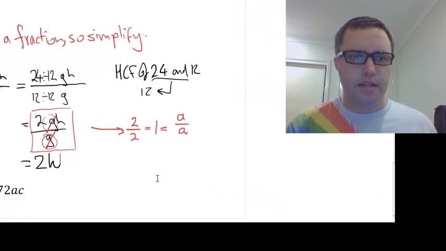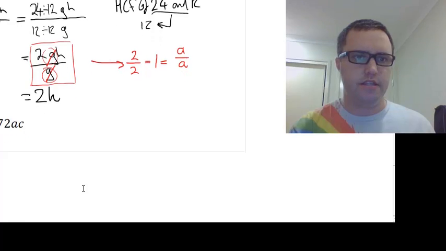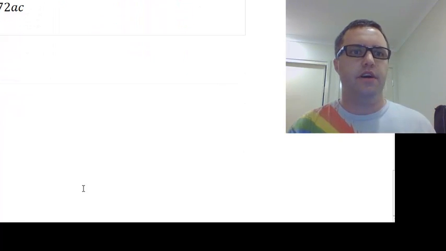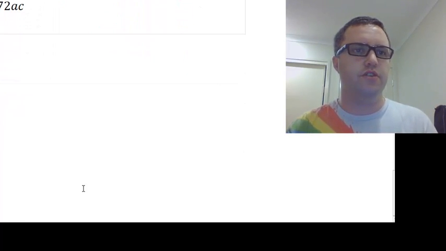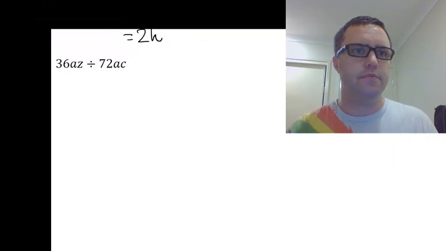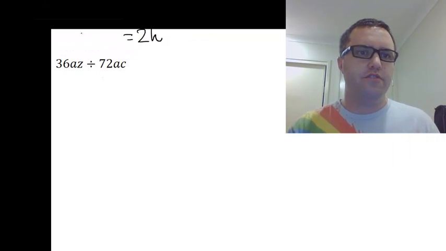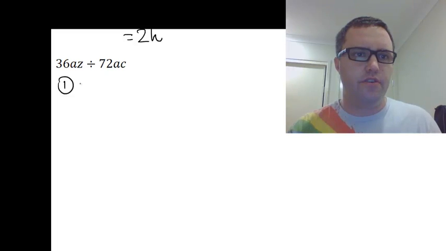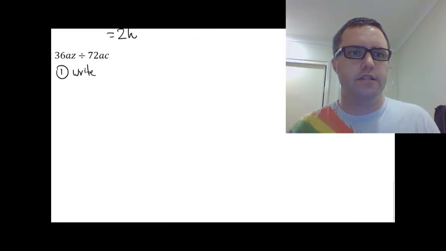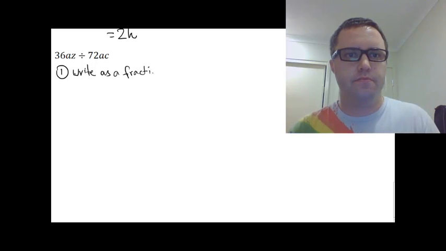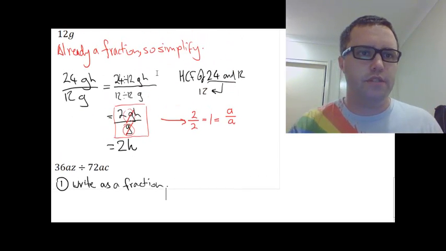Okay, our last one, 36AZ divided by 72AC. So when it's written like this as a division, our first step is to write it as a fraction. So I should write what we did up there: already fractions to simplify, we cancelled the highest common factors.